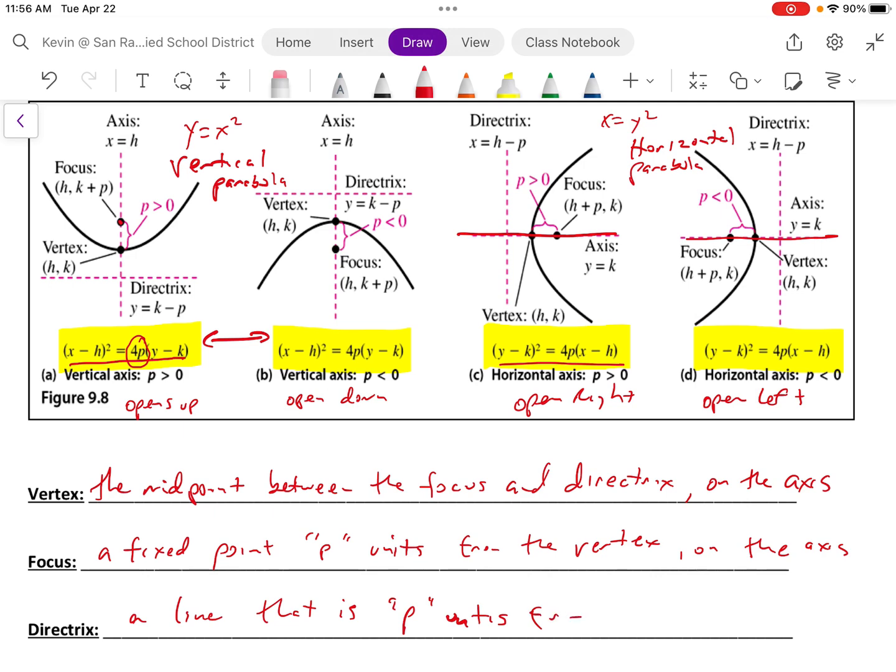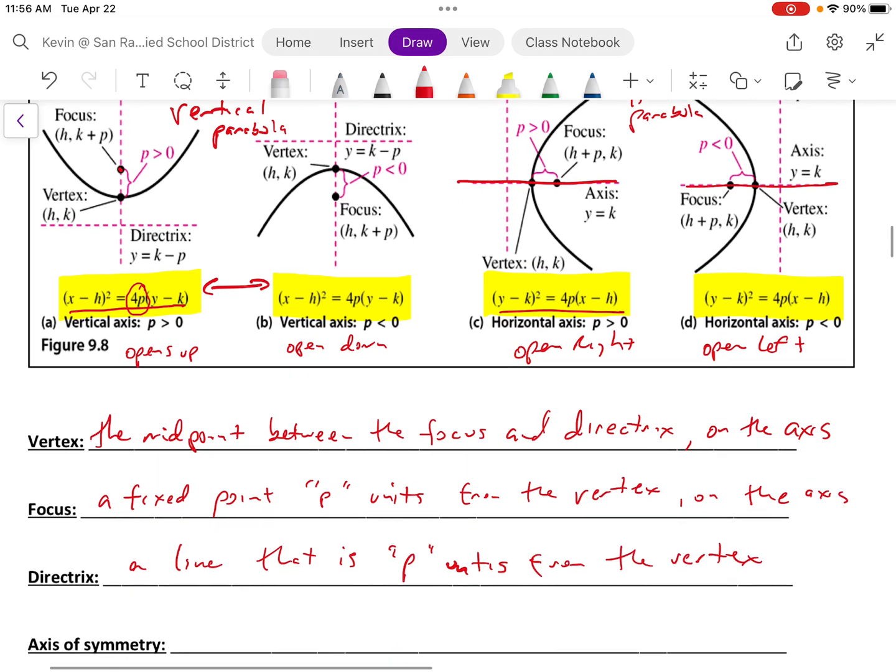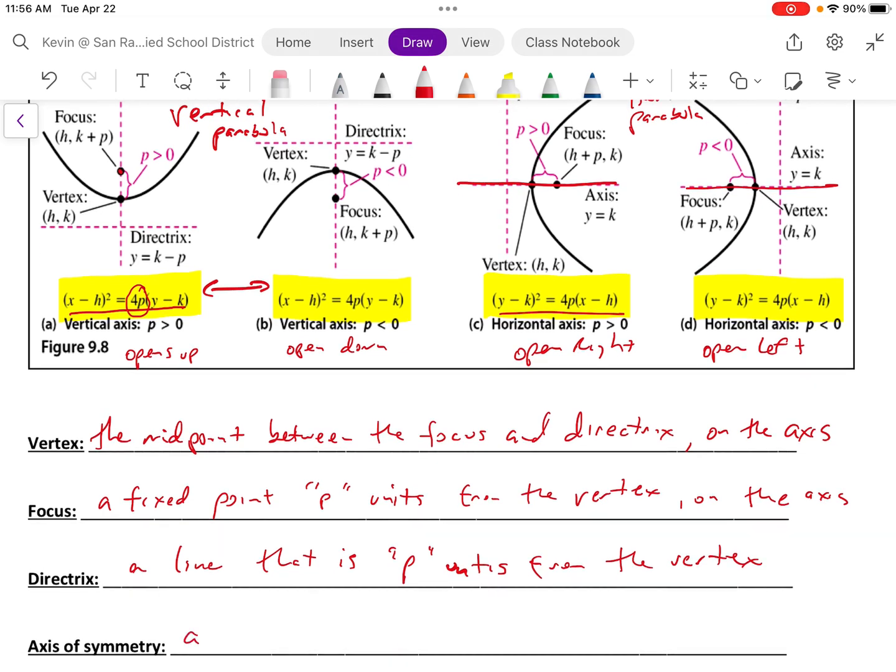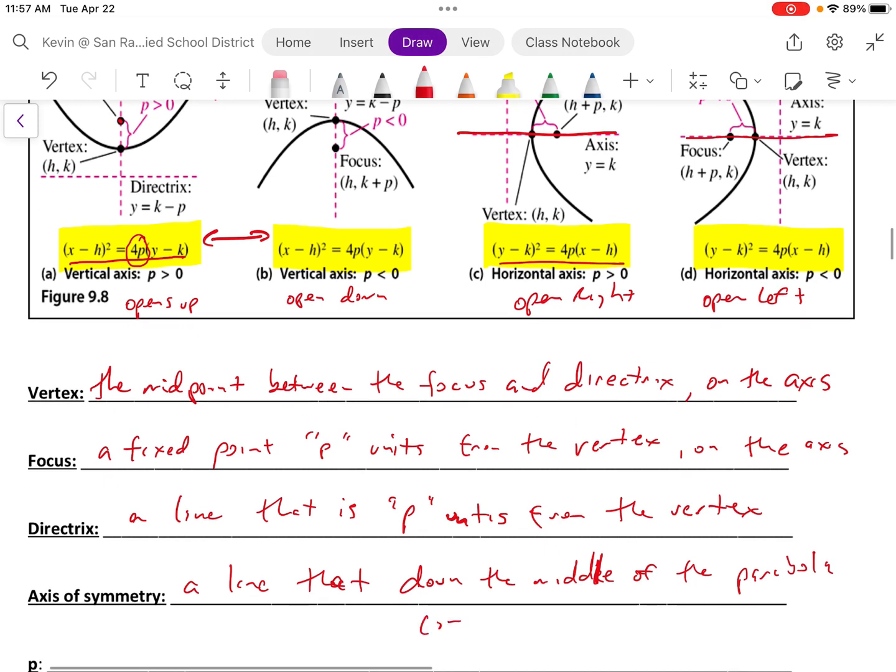Directrix is a line that is P units from the vertex. Axis of symmetry, a line that cuts it, a line down the middle of the parabola.